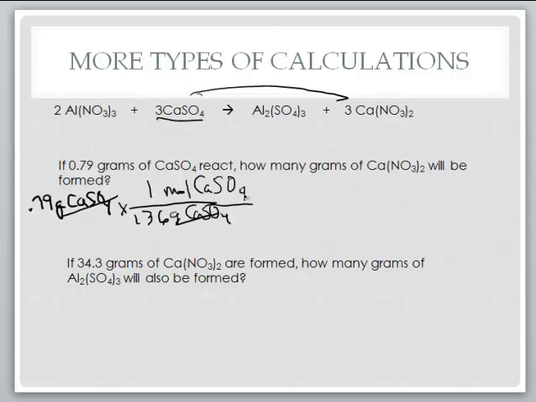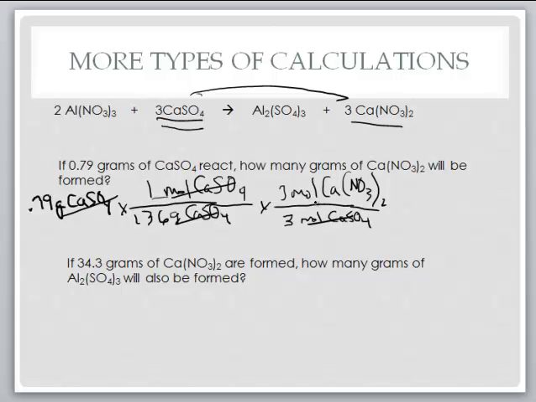Now we have moles of calcium sulfate. So the next step is to do the mole ratio from that to that. So we have 3 moles calcium sulfate for every 3 moles calcium nitrate. So again, moles cancel. We have moles of calcium nitrate, so let's convert that to grams.